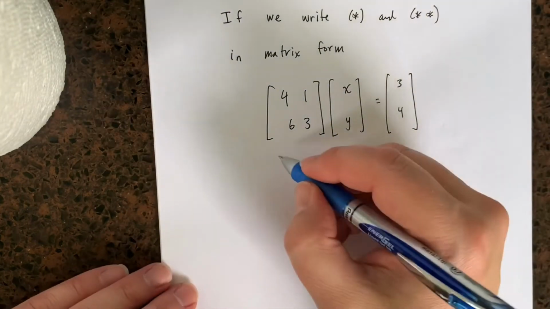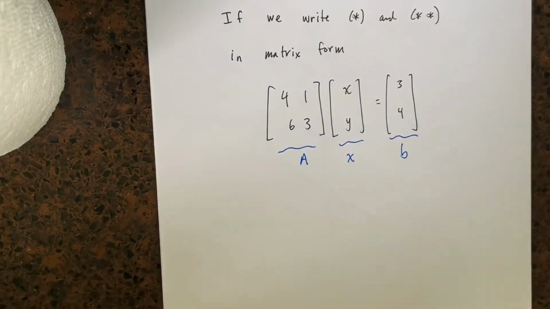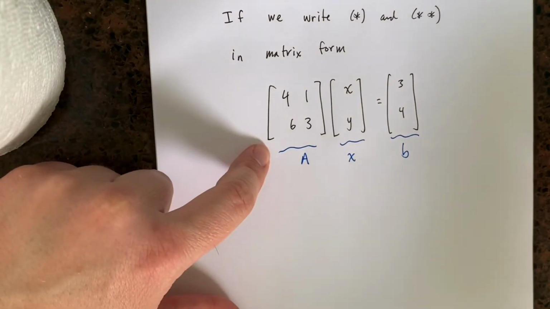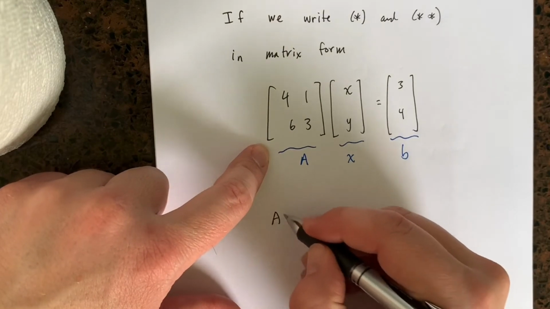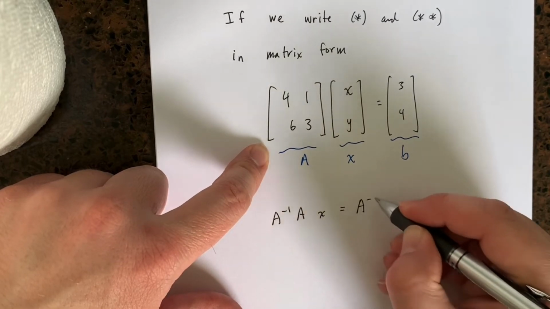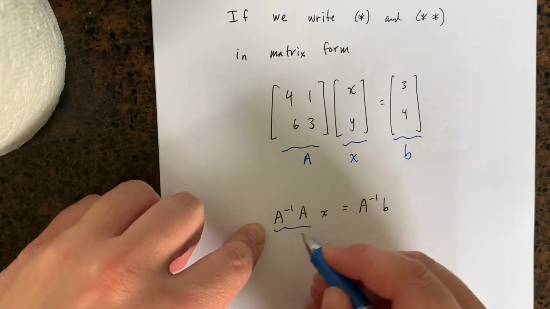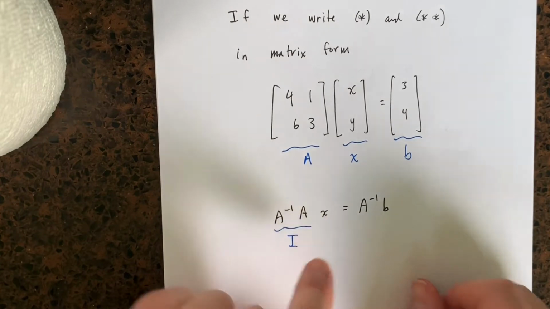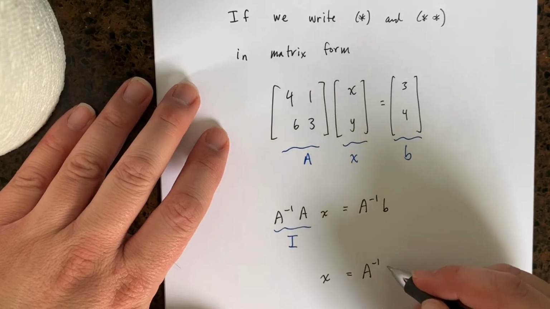And as we had before, we got the matrix A, the unknown vector x, and the constant vector b. If we multiply both sides by A inverse times A times x equals A inverse times b. This A inverse times A is the identity matrix. And the identity matrix times x is just x. So x equals A inverse b.